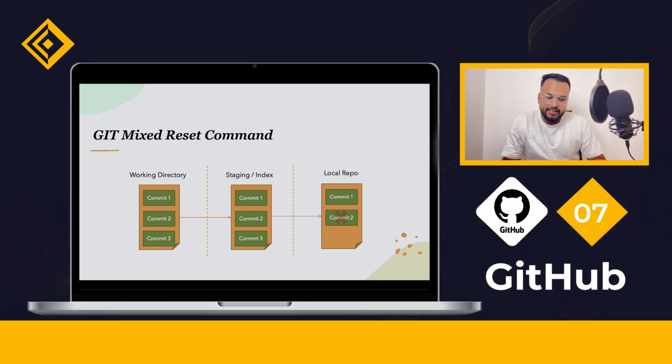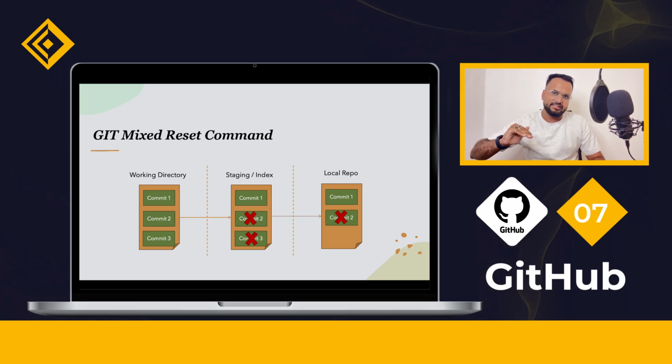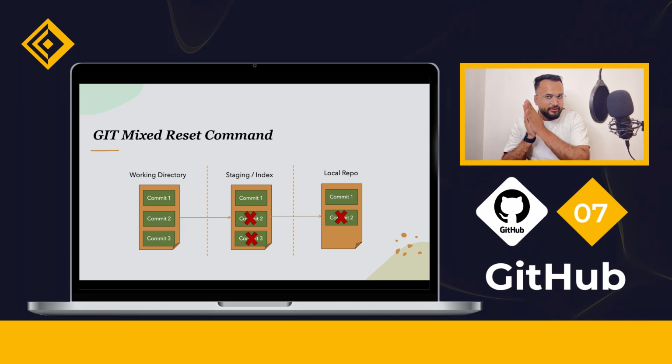In this, let's say if I want to remove the 2nd commit, what will happen here is it will automatically remove, up to the 2nd commit, whatever the changes are available inside the index. So if I remove anything from the local repository by using mixed reset, it will remove the related changes from the staging area as well, but your working directory will be as it is.